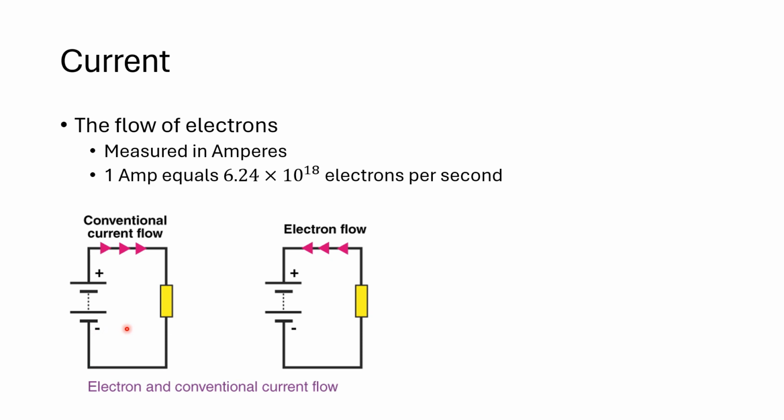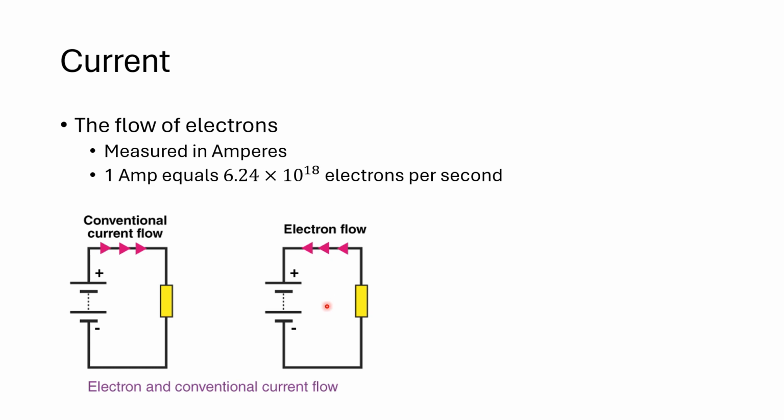That's the conventional way that we look at it and the direction that we have math working, but that's not actually what's physically happening. If you remember the previous slide, we said all of those electrons are on the negative side. They're all built up there, and they want to be on the positive side to meet all of those protons in the atoms and make everything happy again.